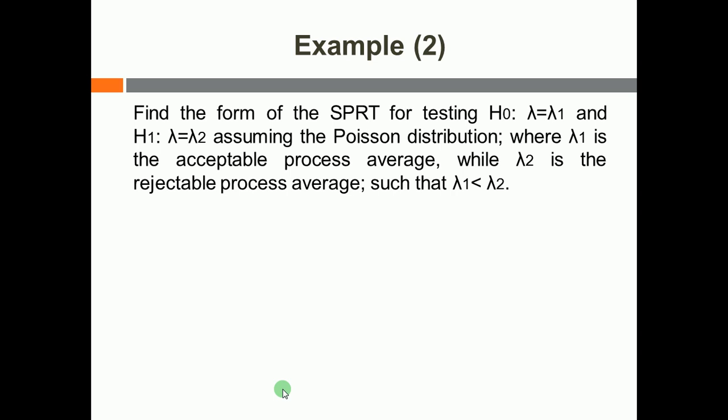Here we say that we have two lambdas, lambda 1 and lambda 2. Lambda represents the average of the Poisson distribution.